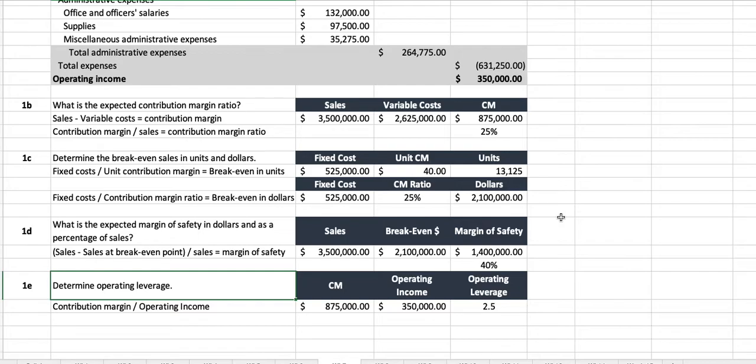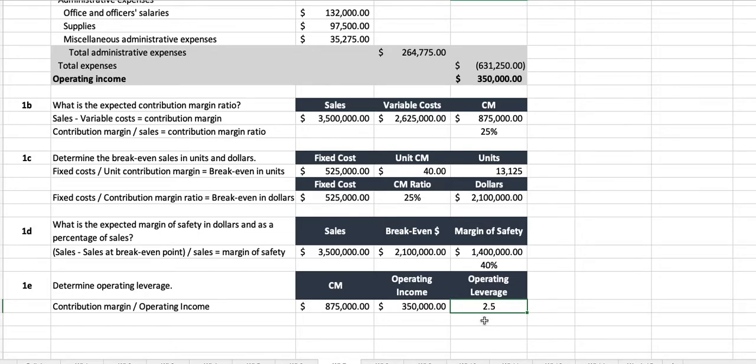So a business would want to know how a special order that increases sales by 10% is going to impact the operating income. If our operating leverage is 2.5, then the business can multiply that increase in sales to determine how it's going to impact the operating income.